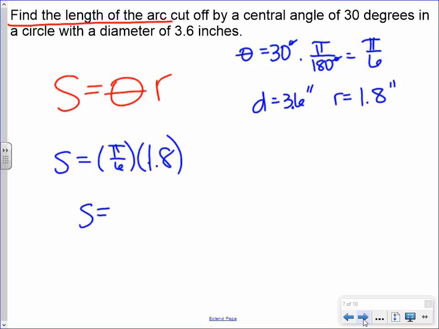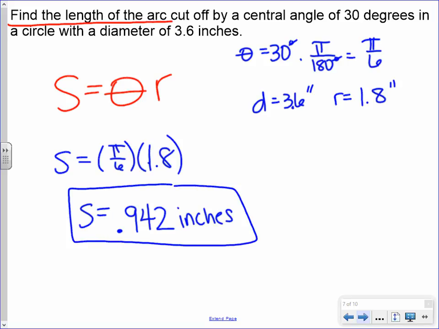What does that give us? .942. Okay, let's talk about labeling here. Radians doesn't have a label, and we multiplied by inches, so arc length is just in inches. It's a piece of the circumference. So it's a one-dimensional measurement.